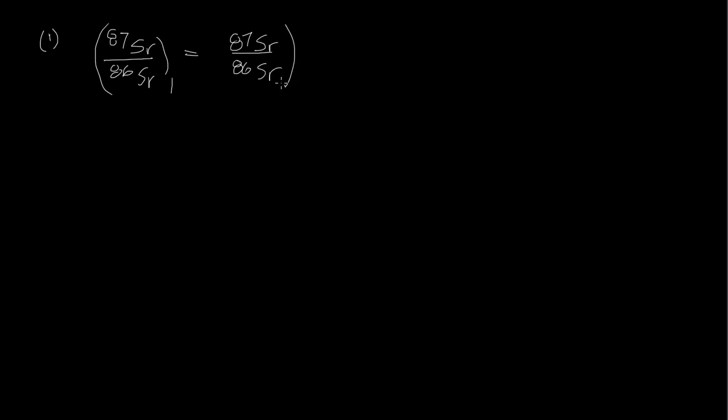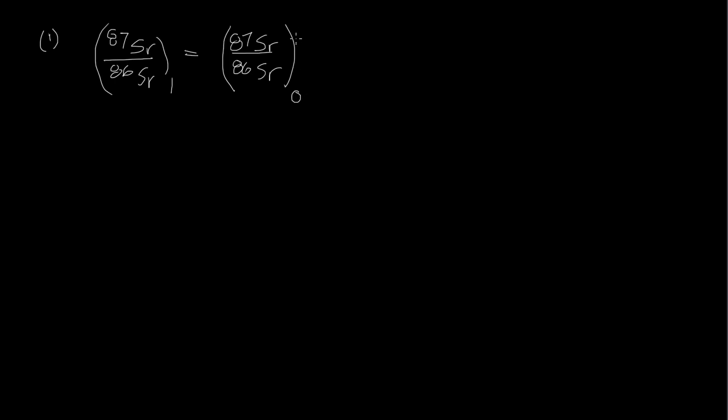So let's write out our two equations. Rock 1, let's do rock 1 in white, and we'll do rock 2 in yellow. So for rock 1, we can say that the ratio of strontium-87 to strontium-86 for rock 1 is equal to the initial ratio of strontium-87 to 86 for rock 1.